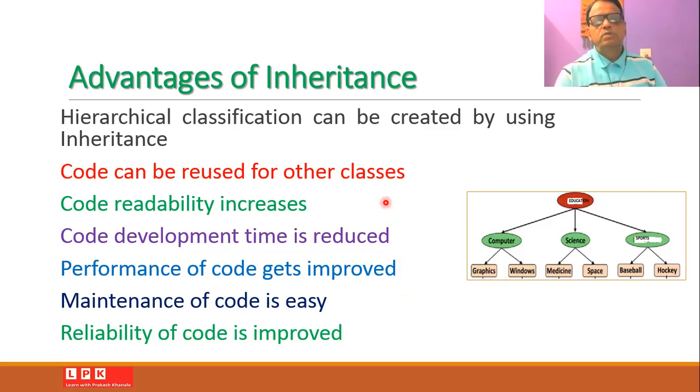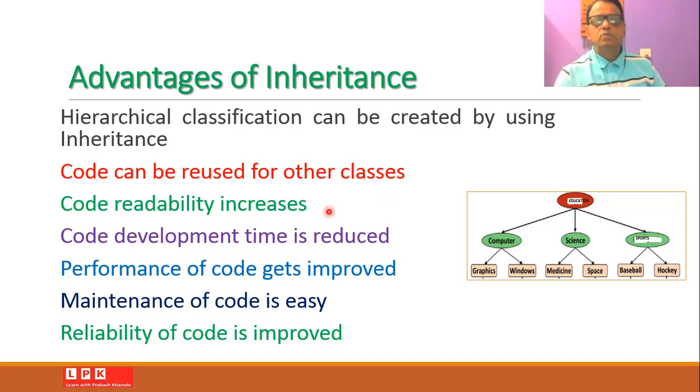Code can be reused for other classes. Once you have created a base class and tested it, the same code can be used for other classes, so reusability of code is an advantage of inheritance.